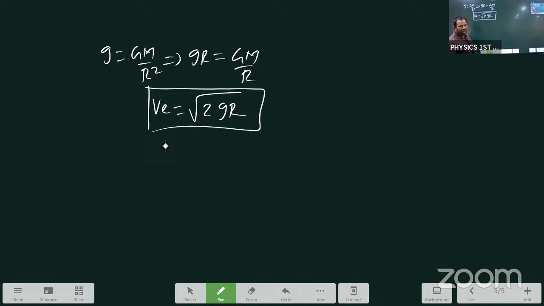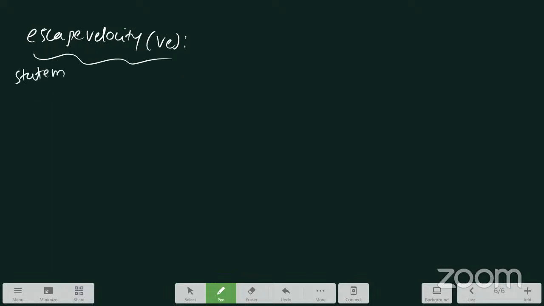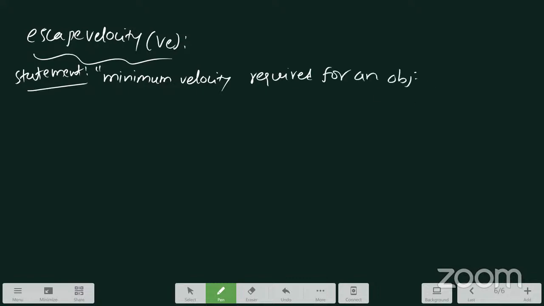This question I am giving again in 4 steps, student. First, statement of escape velocity: minimum velocity required for an object to escape from the earth's gravitational pull.